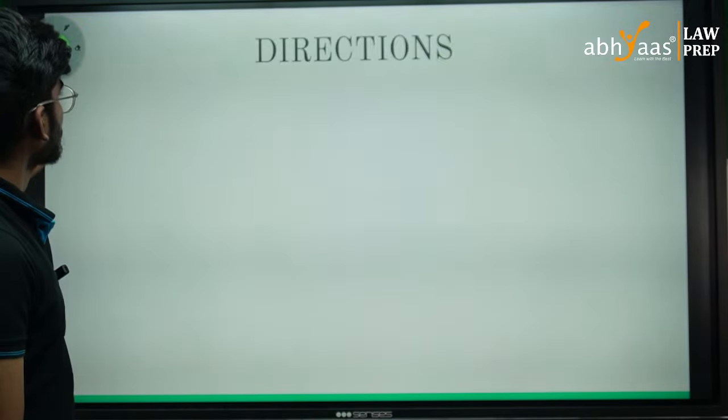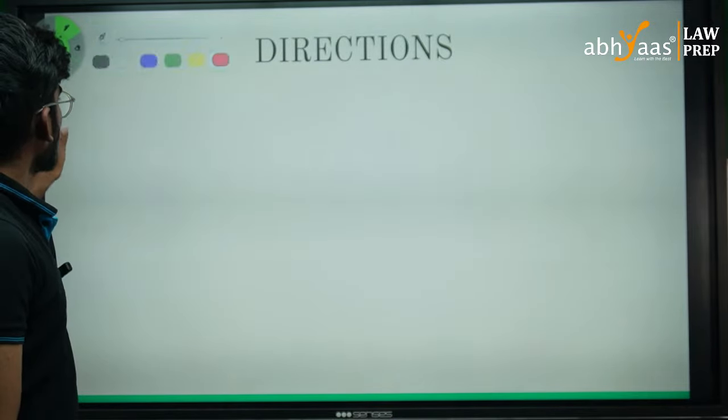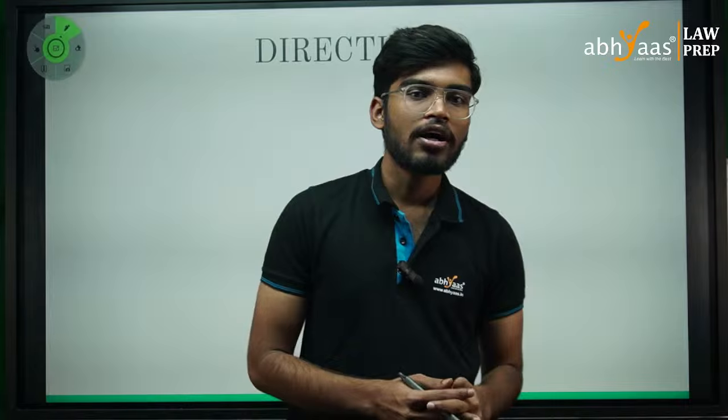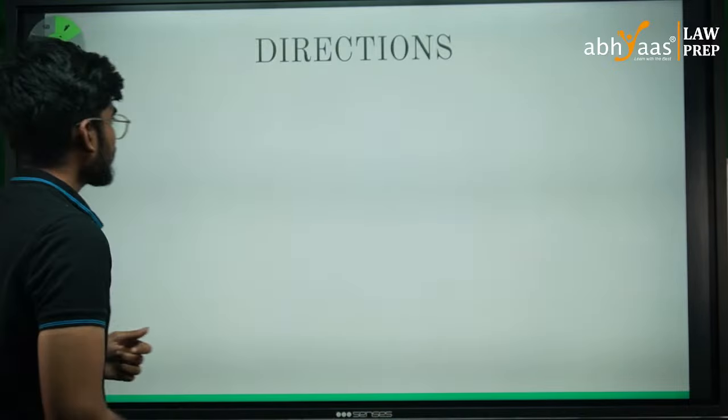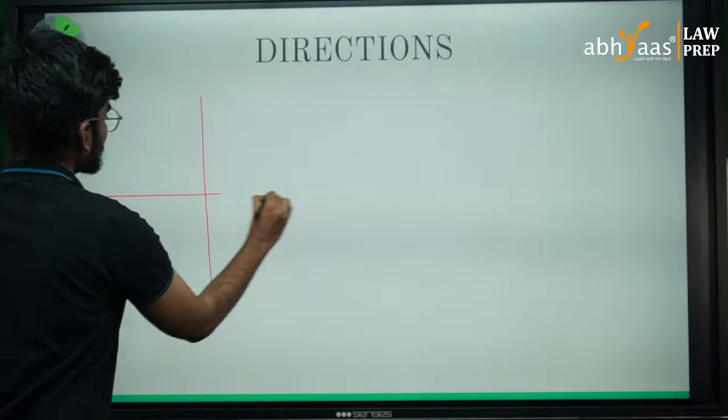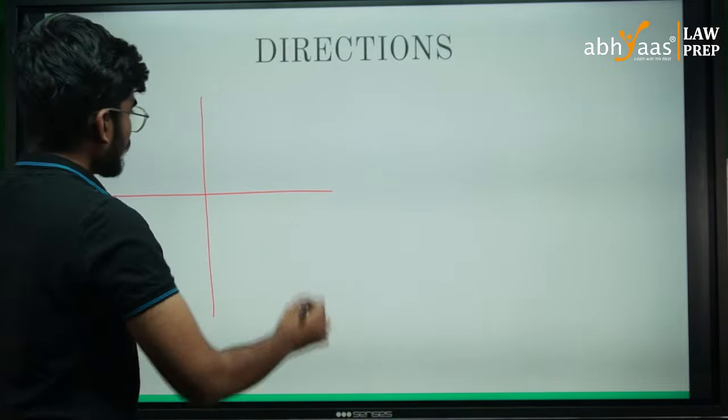Now coming to the last topic of today's lecture, which is directions. How many directions are there? In general there are 4 directions, and including the subdirections, you will have 8.